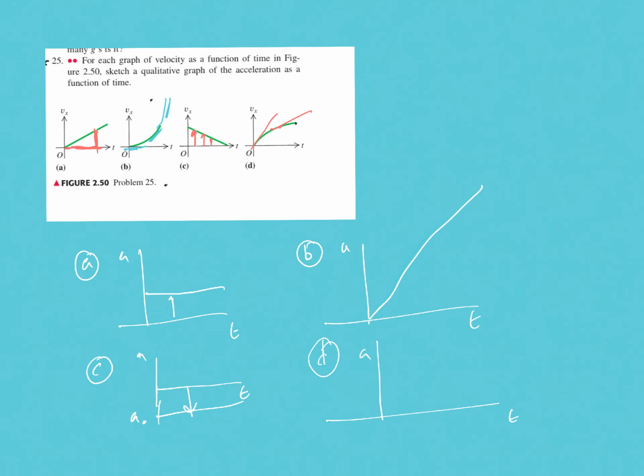So the graph will start here and will go to be smaller, smaller, smaller. So the graph starts with a certain value. As time passes, the acceleration decreases, and when you are at this point, the acceleration becomes 0. So these are the graphs of acceleration versus time.